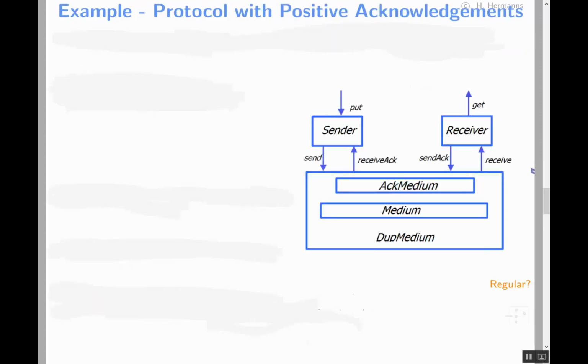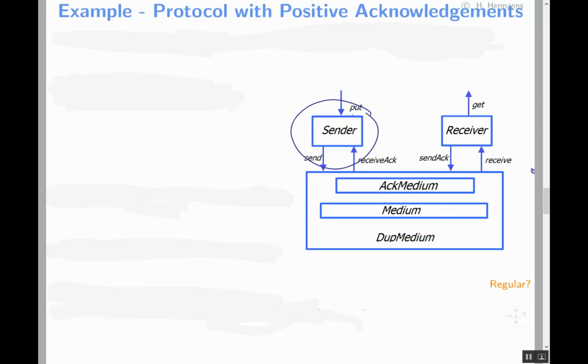So here now comes a larger example of what one can do with CCS. This will now be a communication protocol fully specified in CCS. So it has a sender, it has a receiver. Let me try to make this drawable.